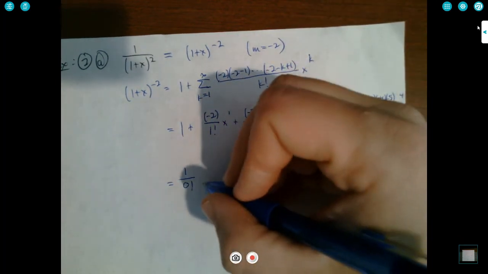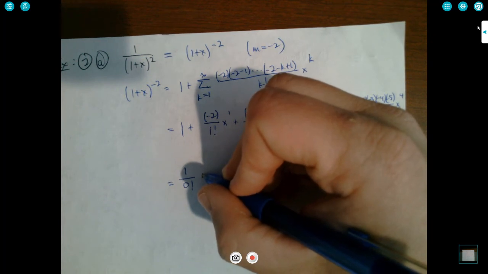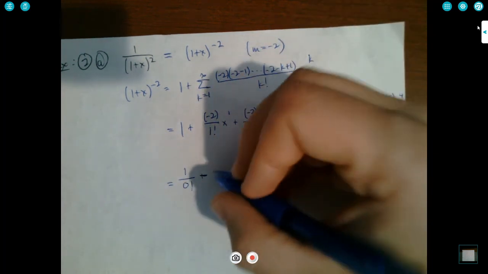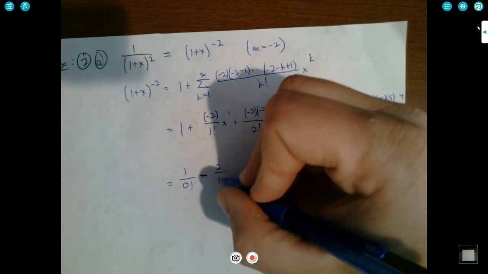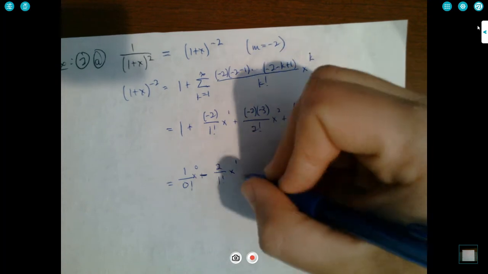So maybe I'll call it 1 over 0 factorial, x to the 0. And this thing I'll call minus 2 over 1 factorial, x to the first.